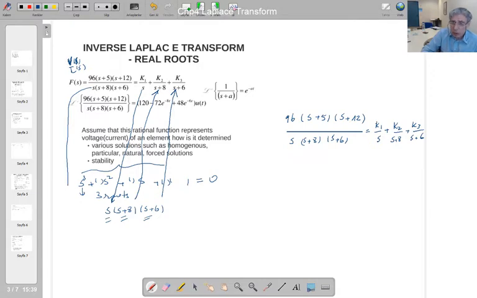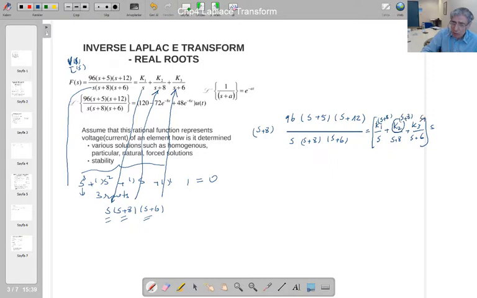I will show you how we are going to calculate this k2 here. What we are going to do is multiply the left hand side with s plus 8 and multiply the right hand side with s plus 8. So each term is going to be multiplied with s plus 8.